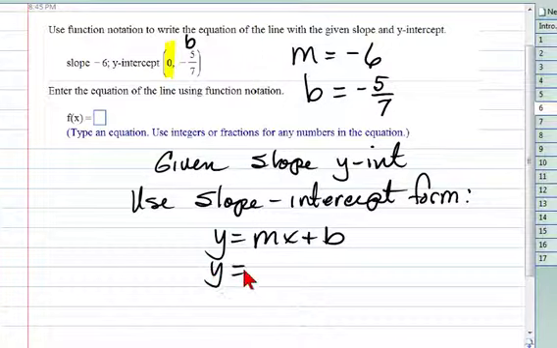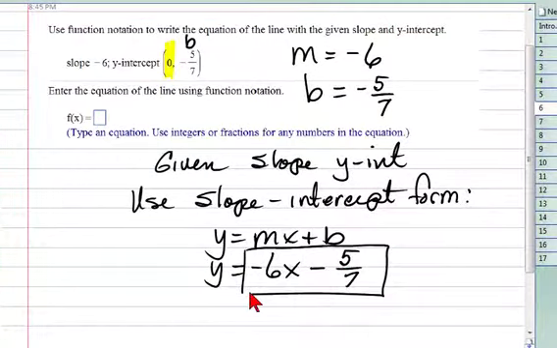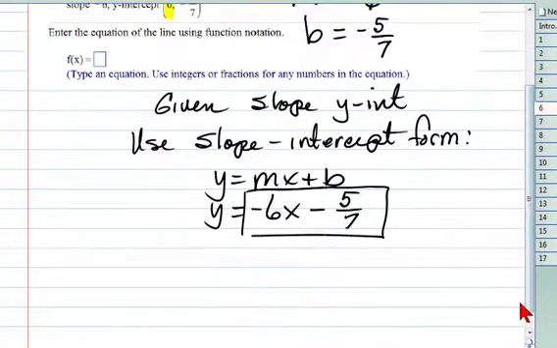Y equals what? -6x minus 5/7. That's about the easiest kind of problem there's going to be, where I give you m and b.